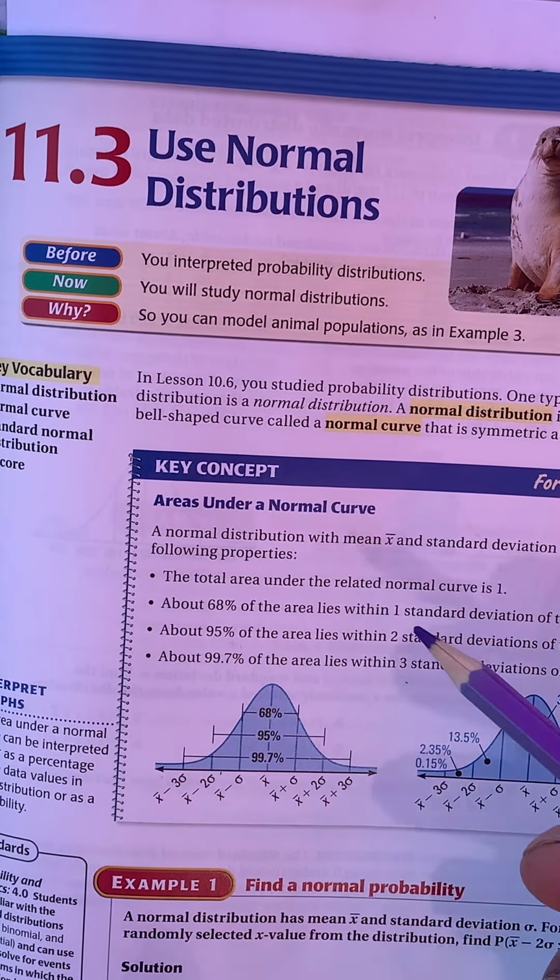That's 95% of your data between the second standard deviation below the mean and the second standard deviation above the mean. So that doesn't leave very much for this region between the second and third standard deviation. Once you get to the third standard deviation, you've got almost 100% of your data.